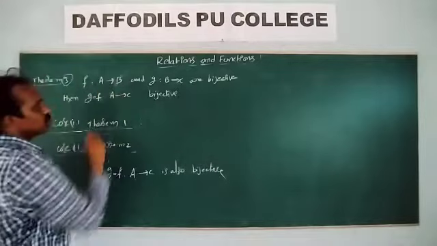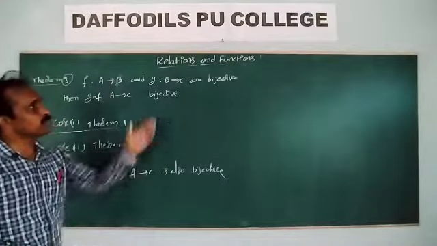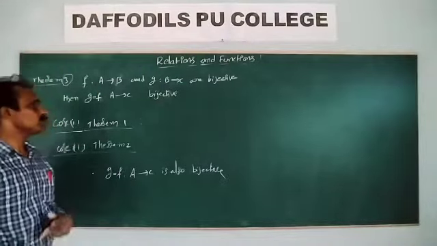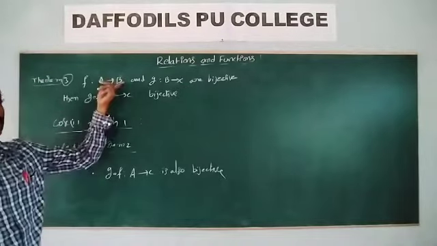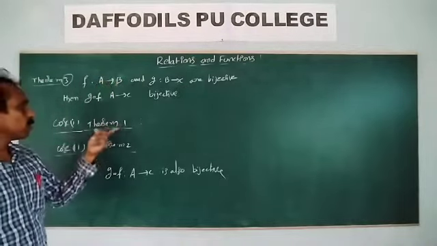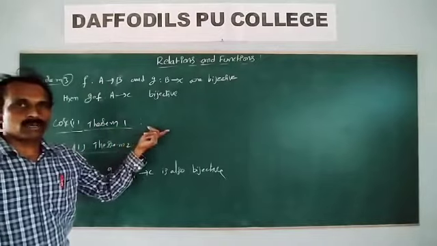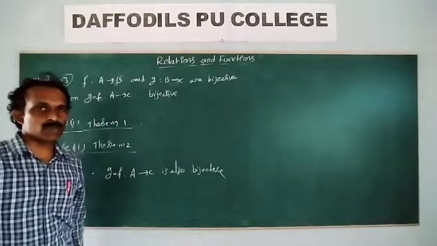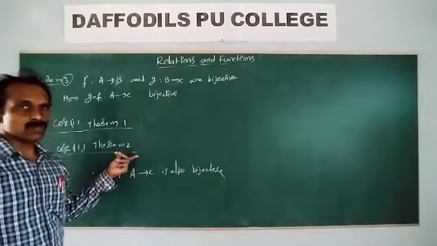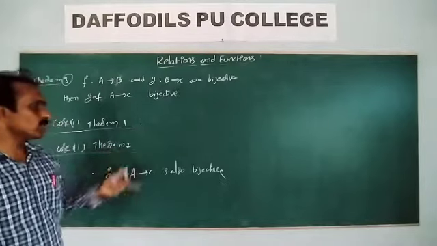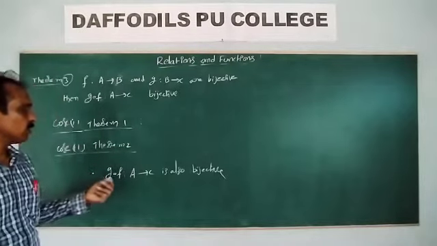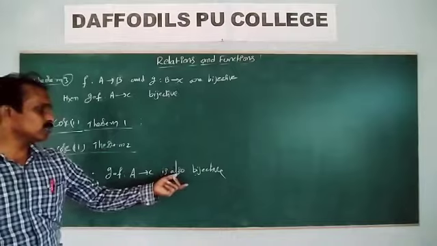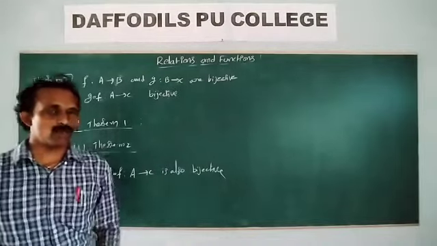Clear? First, F maps A to B and G maps B to C are bijective. Okay, what is bijective? F is one-one and onto.